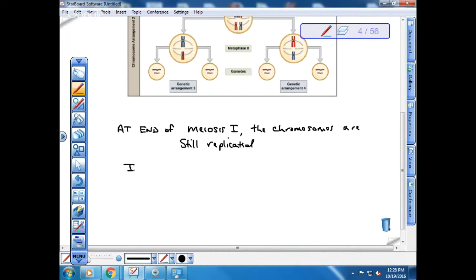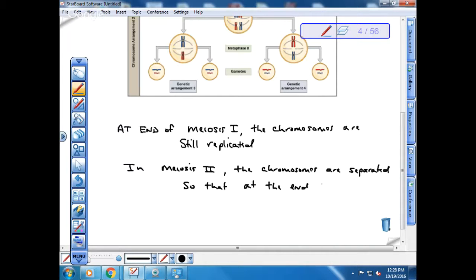In meiosis 2, the chromosomes are separated. And then at the end, the chromosomes are unreplicated.